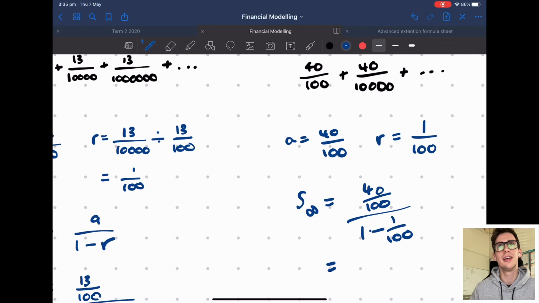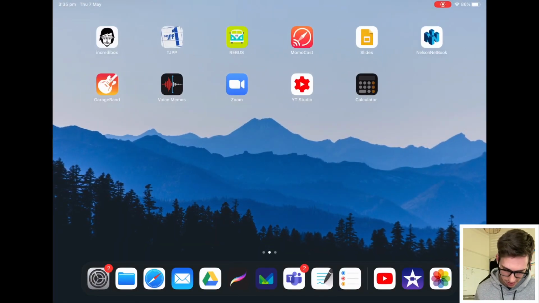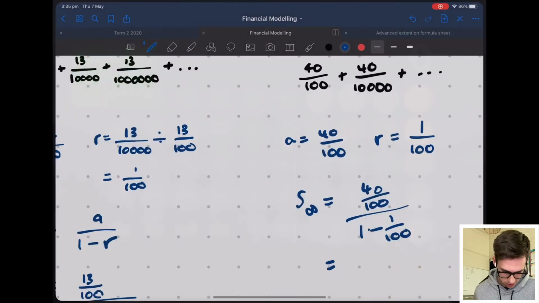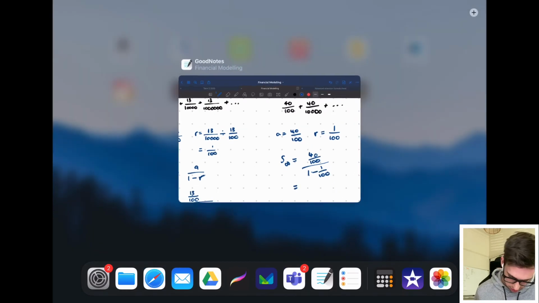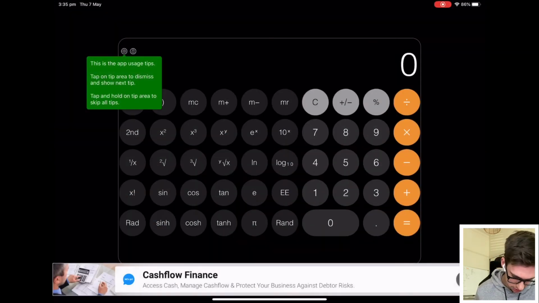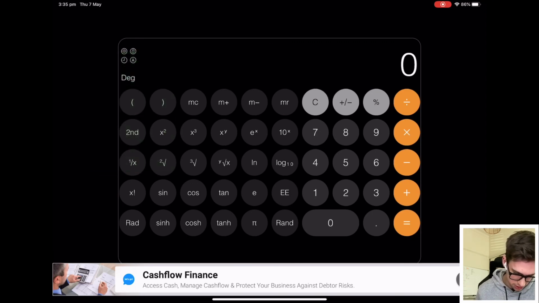And we get an answer that I have not pre-prepared. Maybe our calculator's ready, let's find out. Here it is. So what was I trying to type in? 40 over 100. Oh, goodness gracious, can our calculator do this? Go away. Oh my goodness. I know how to use a calculator.